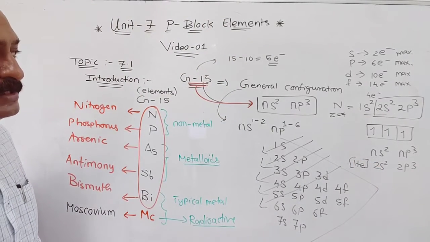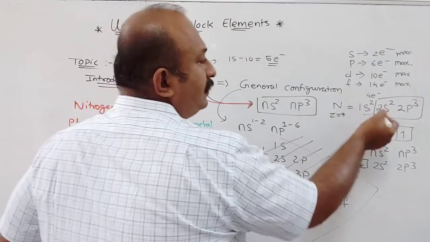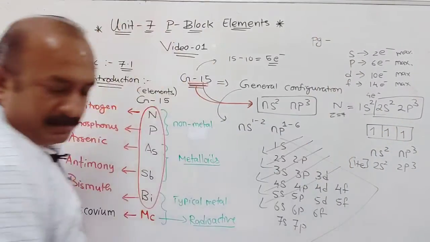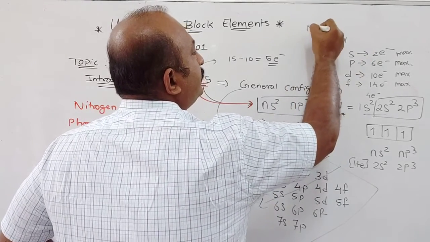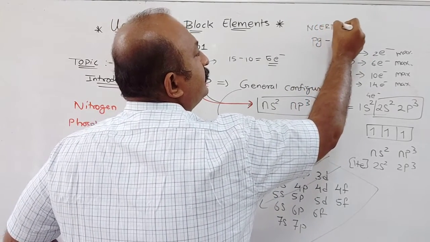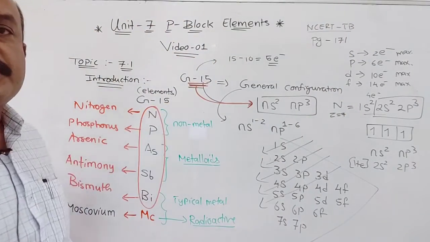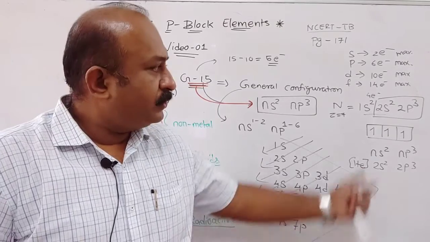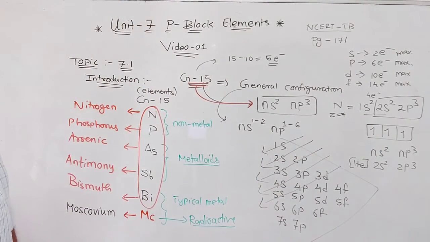In your book you can see a tabular form on page number 171 of the NCERT textbook, in which this configuration is given. Go through this configuration, and the one for phosphorus is also given.